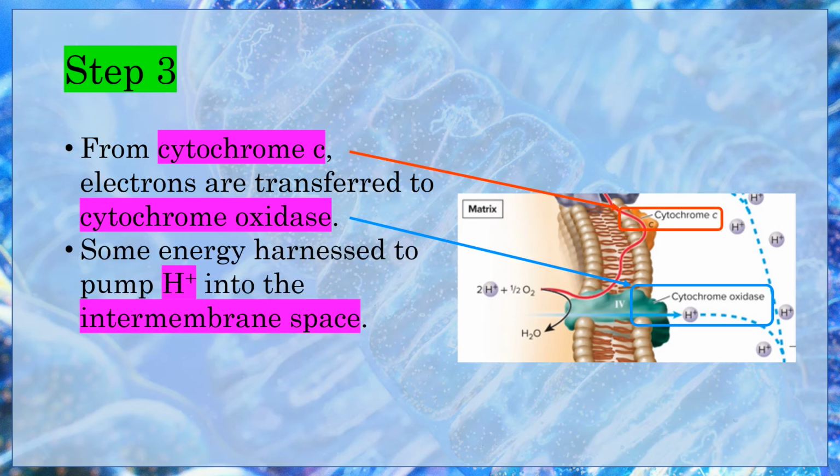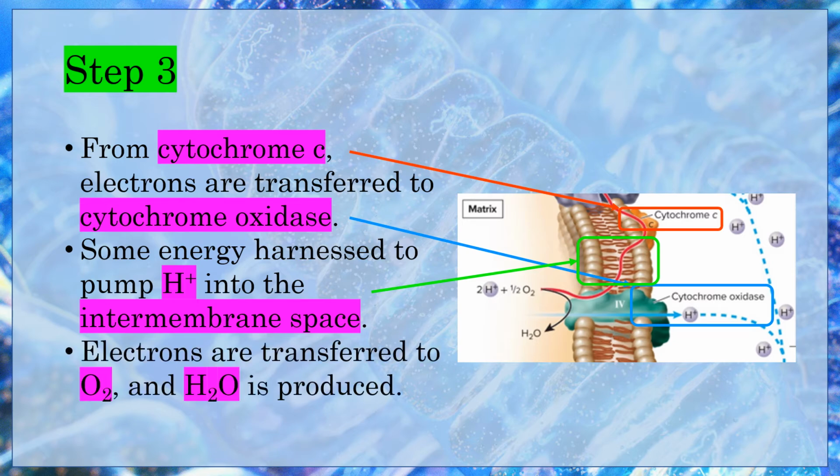Some energy is harnessed to pump the hydrogen ions into the intermembrane space, seen there in the green. And electrons are transferred to oxygen and water is produced. So as we know, if we add hydrogen to oxygen, we get water, as seen there in purple.